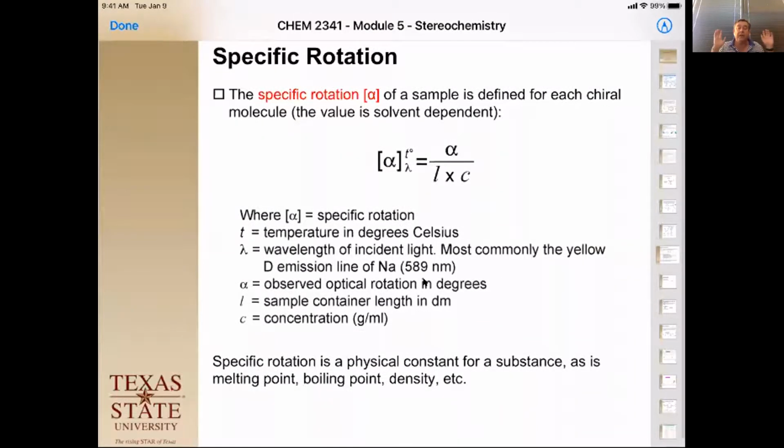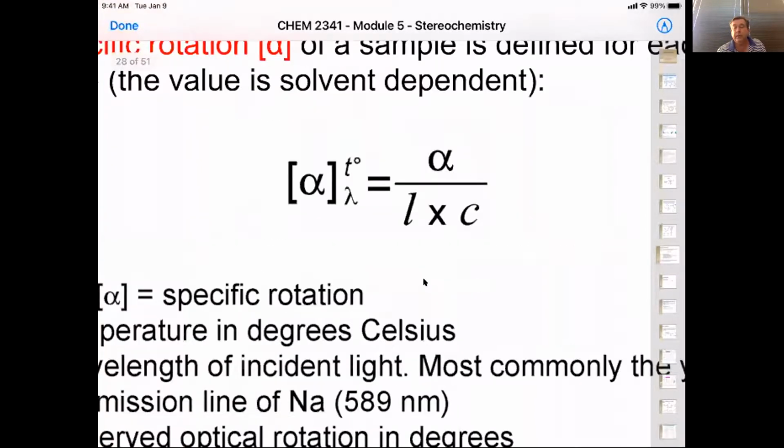Our specific rotation is defined for each molecule, taking into account path length, temperature, light, and everything, so that I can compare my results to your results, even though our labs are 2,000 miles apart.